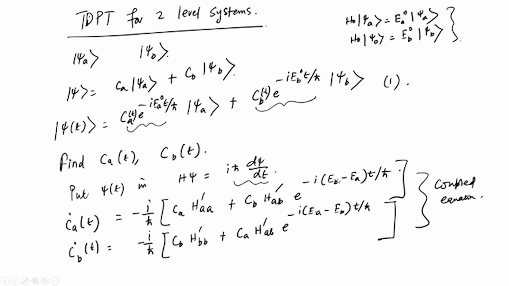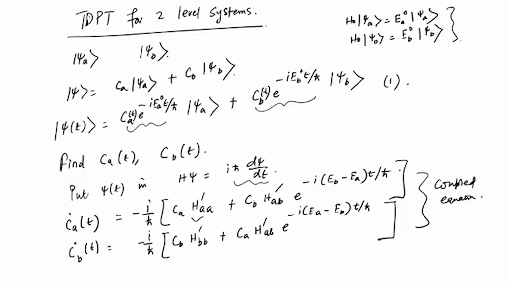Now, it is almost natural to assume, and easy to understand as well, that the perturbation term will not have any matrix elements between the same states. So, these terms which connect the state to itself by H prime are not going to happen because your H prime is explicitly dependent on time.